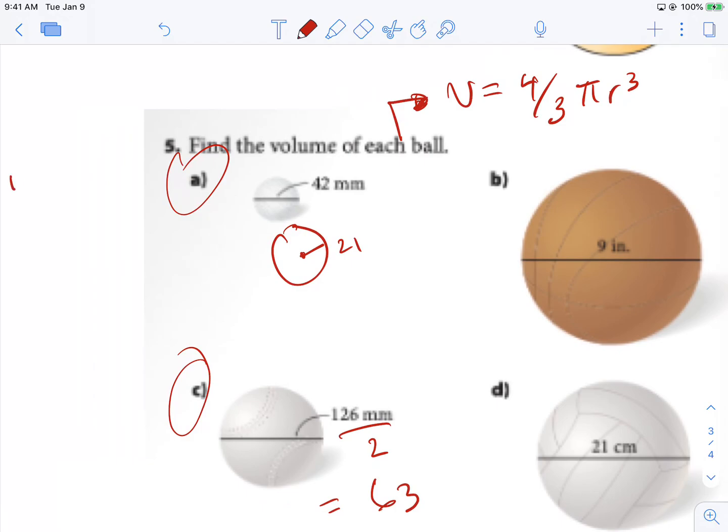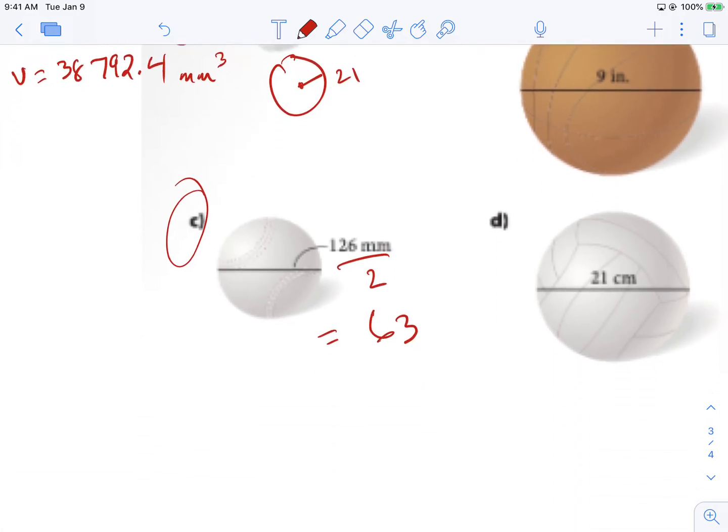Okay, so we'll use our formula, volume equals 4 over 3 pi, and then r, which is 21 cubed. So we're going to need to use our calculator for sure here, 4 over 3 times pi times 21 to the power of 3. And that's a big number, 38,792.4 millimeters cubed.